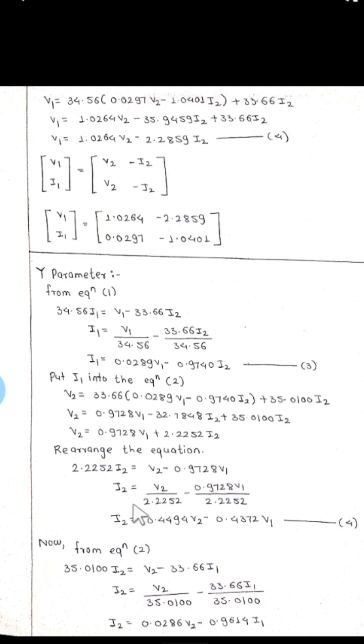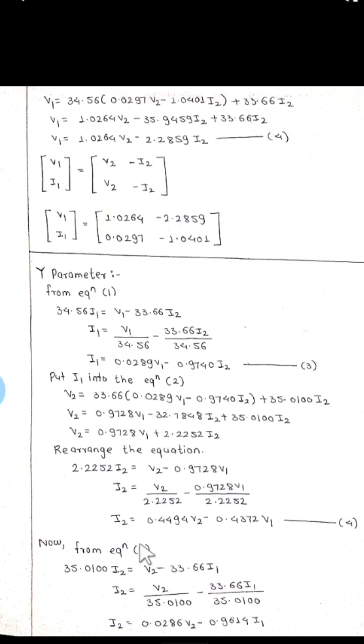We shift it, then we get I2 is equal to V2 divided by 2.2252 minus 0.9728 V1 divided by 2.2252. By simplifying this, we get the equation for I2, that is I2 is equal to 0.4494 V2 minus 0.4372 V1. This is our equation number 4.